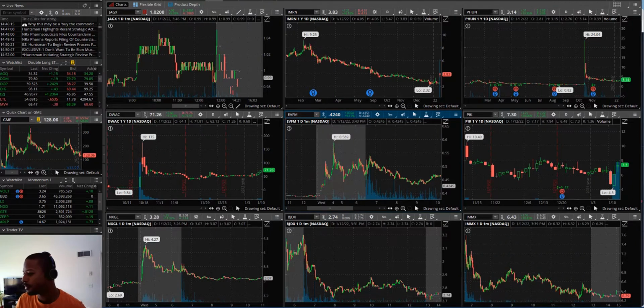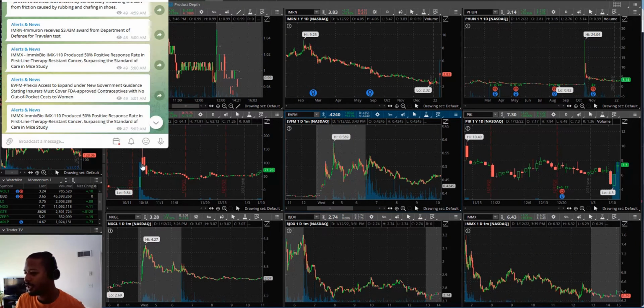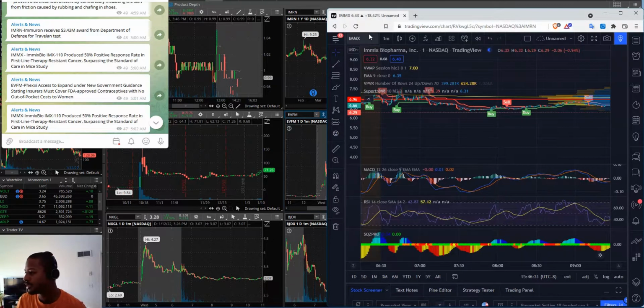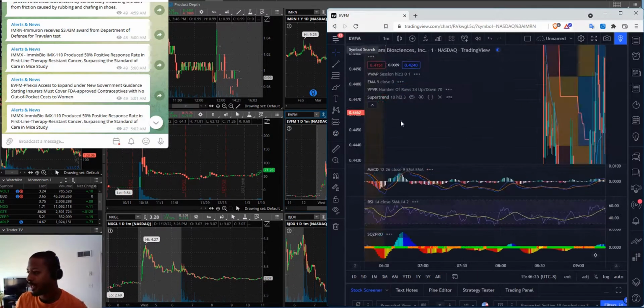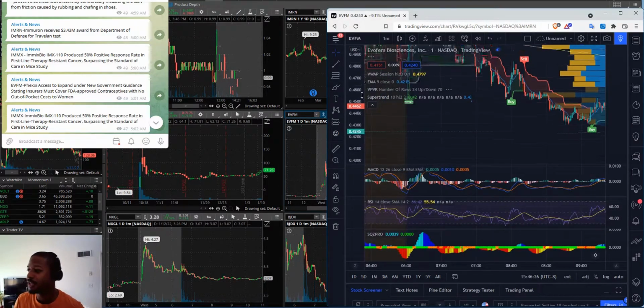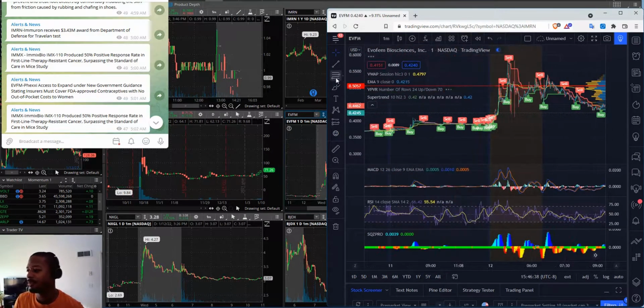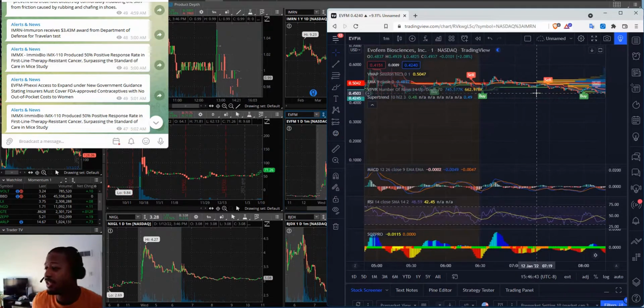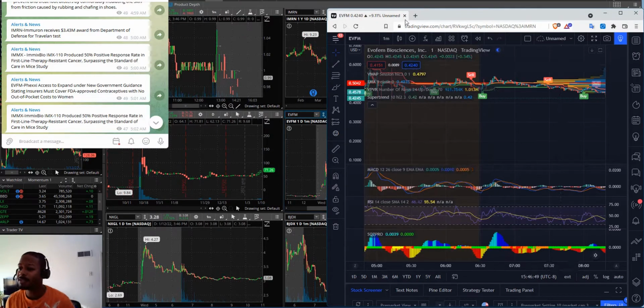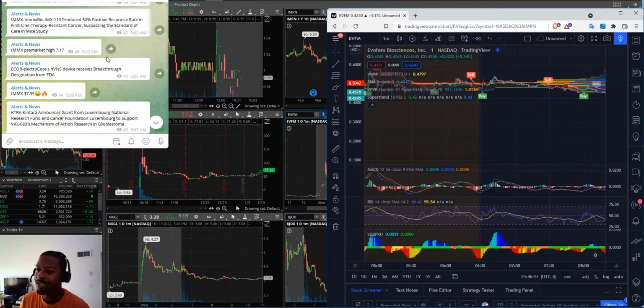A quick spike up and a quick spike down. Oh, look at that. EVFM is what price? I may pay attention to it once it starts to get to $3, but with something like that, you can wait for the alerts to tell you. The alerts will be like, hey, it's at $4 right now. It's at $5. Okay, then I might pay attention. But this thing is worth a couple cents. It ain't gonna go anywhere. So I'm already skipping that one, not paying attention to it. Easy.